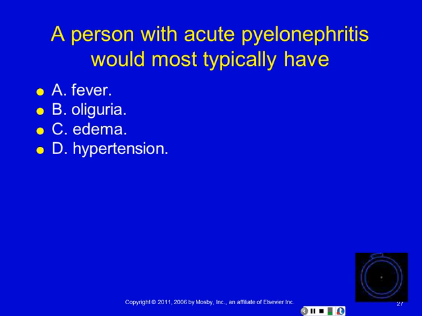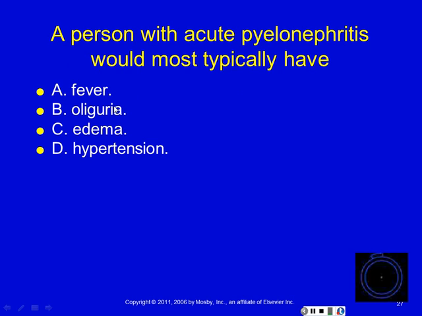Kidney and ureter pain is usually referred to the back. But if your ureter was infected, you could get pain in the front as it comes down. All right. So the answer here is A, fever. These others are kidney symptoms.